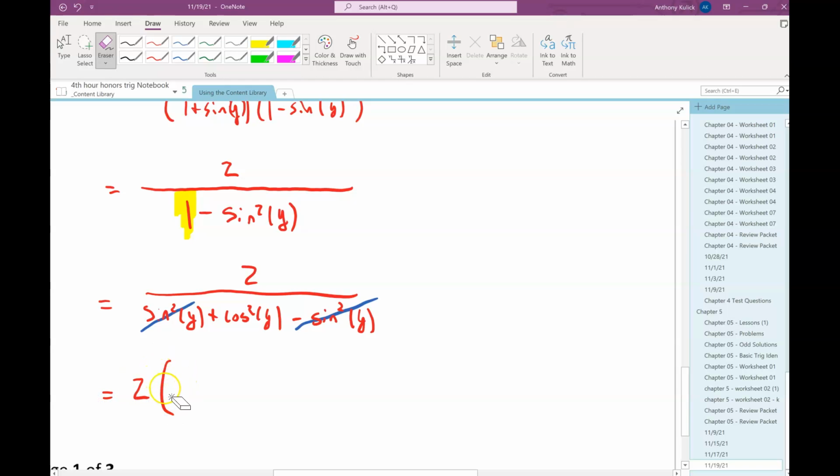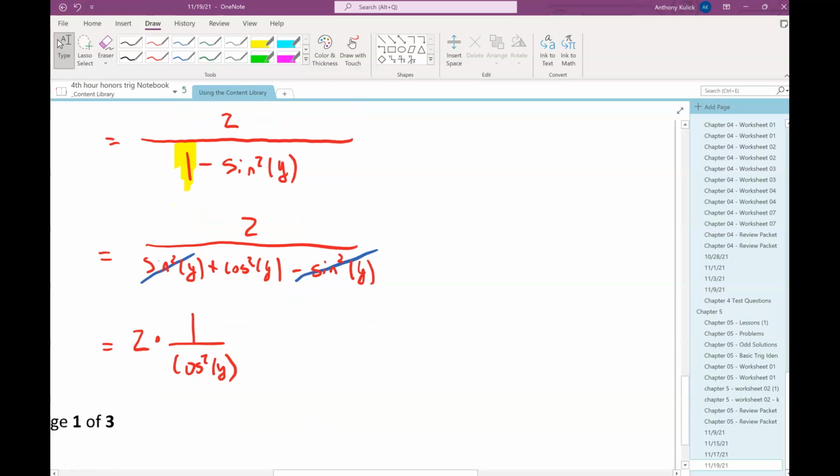Now I'm going to write this as 2 times 1 over cosine squared. The reason I'm going to do that is just so it's easy to see the reciprocal identity that I'm about to apply. So 1 over cosine squared is just going to be secant squared, and the 2 just kind of comes along for the ride.